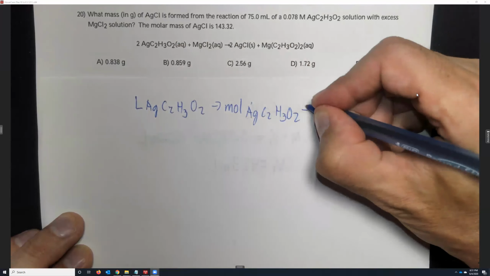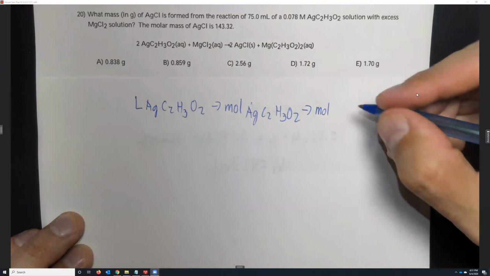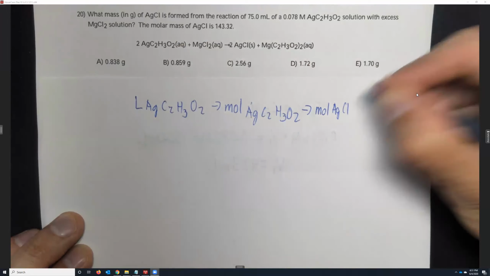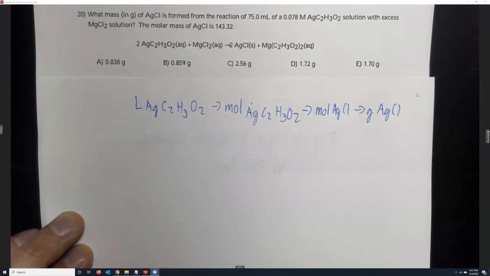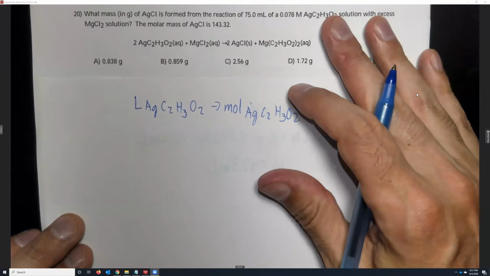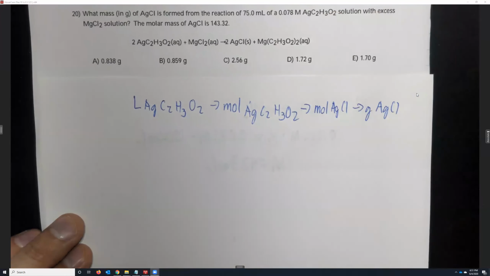Once we have moles of silver acetate, we can convert it to moles of silver chloride, AgCl. Then finally, we can convert to grams of AgCl. So this is basically our plan of attack.